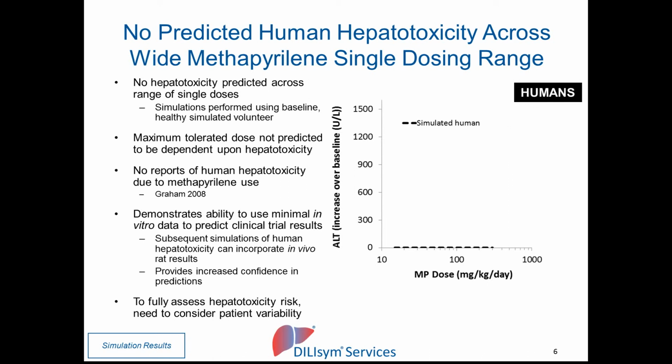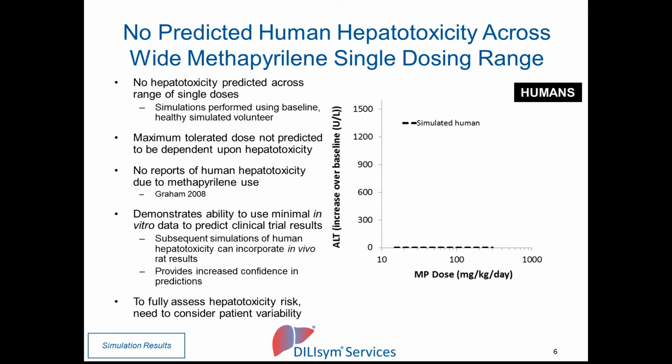And from the application point of view, it again proves that with DILIsym, you're able to use in vitro data to make predictions of clinical trial results. Of course, additional data increases confidence in predictions, but this is an excellent starting place for a rather limited data set.